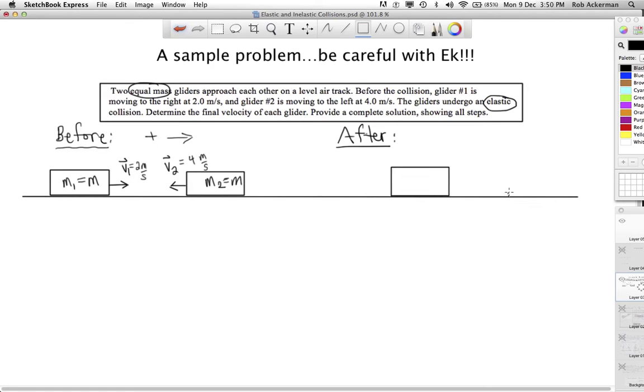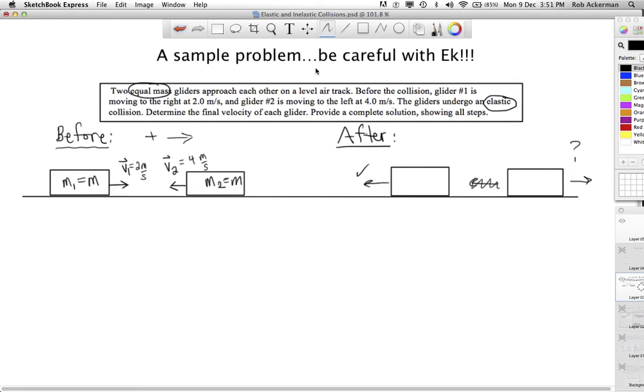Afterwards, do you know what direction these objects will move? You might guess that the faster moving object will completely plow through the slower moving object, and they will both be going this way. Maybe you're predicting that this one will turn around, but so will the other.